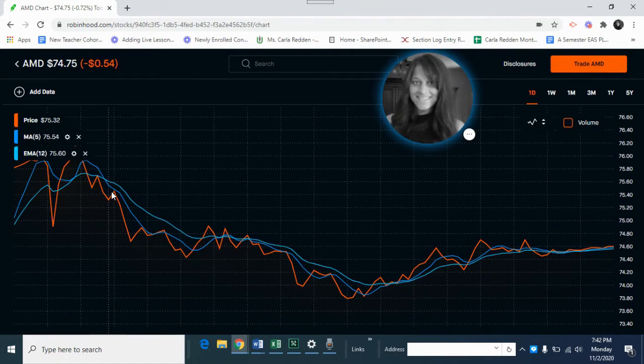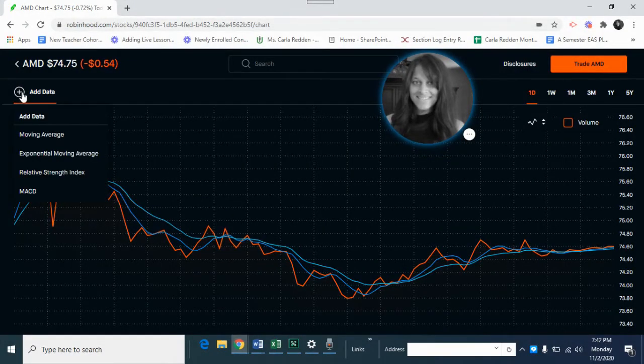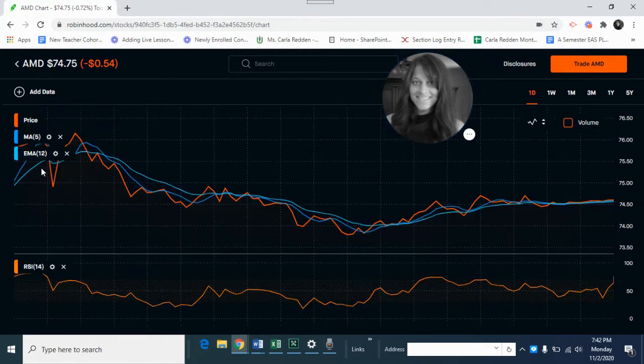You'll notice that as the moving average and the EMA cross, you typically have reversals in stock price. I'll talk more about this later, but I just want you to understand that Robinhood, in its free platform, provides you the data for moving average and EMA, exponential moving average, as well.